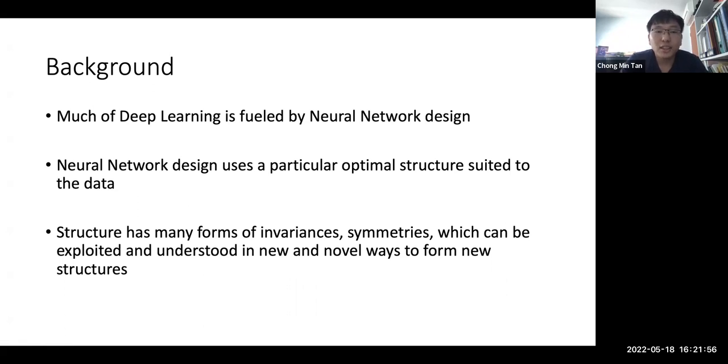It's because actually a lot of the deep learning revolution that you see in the past like 5-6 years has a lot to do with the neural network design. So starting from perceptrons, multi-layer perceptrons, convolutional neural networks, then recurrent neural networks, transformer models.